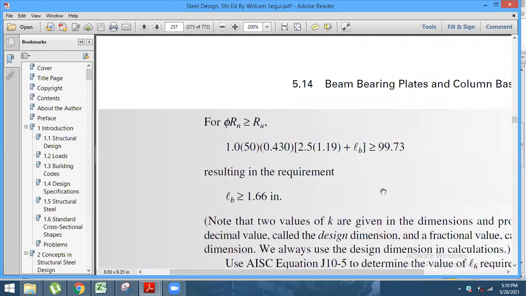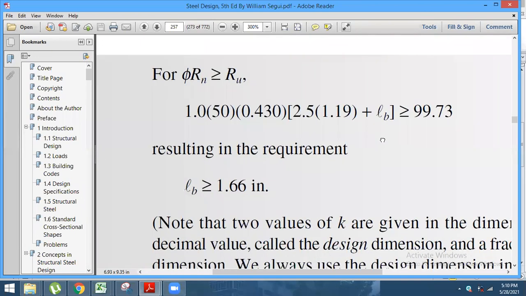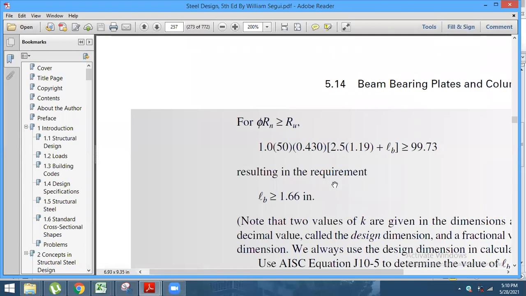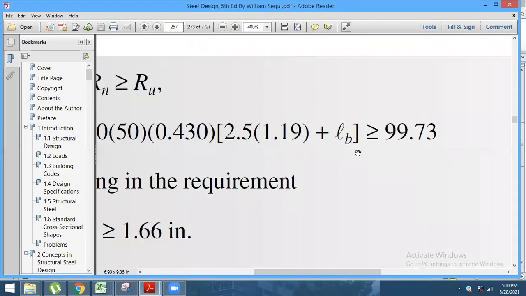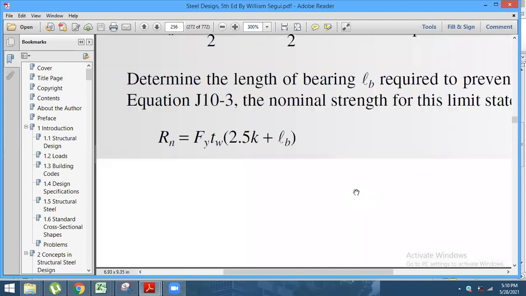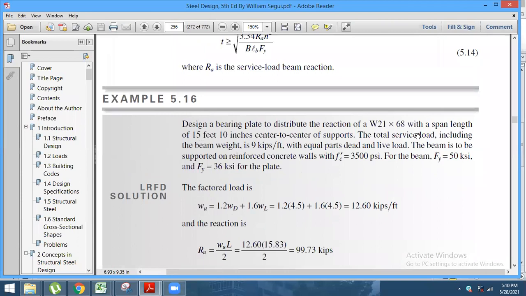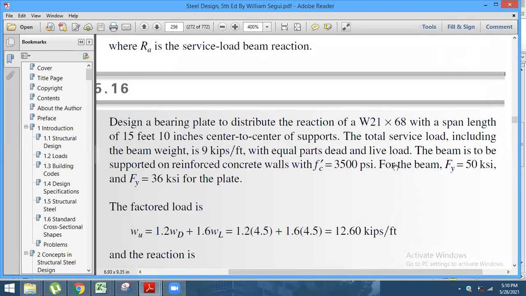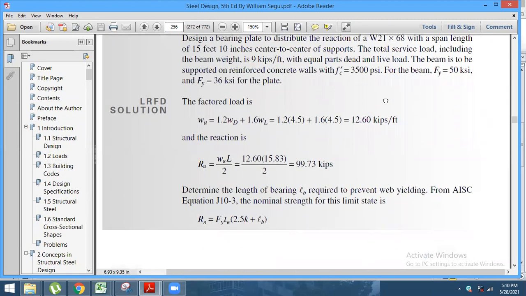So, that is allowable load natin is phi Rn, then LB yung makukompute. We have applied force of 99.73. Okay, so dito, sa steel na W21 by 68, given naman na yung mga properties.